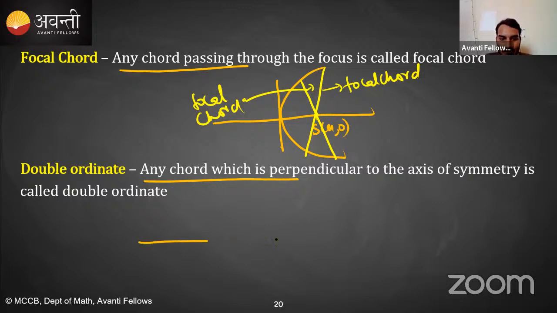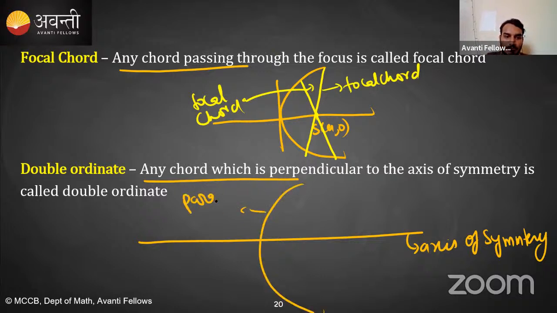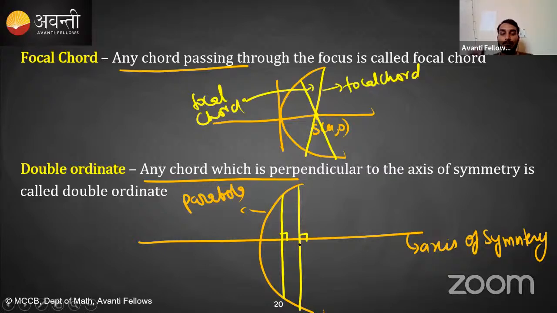Means, let's say this is our axis of symmetry. Okay, और मान लो ये कुछ ऐसे पैराबोला है. This is the parabola. So there will be so many chords like this. One chord may be like this. So all the chords which are perpendicular to the axis of symmetry, they all are known as double ordinates.